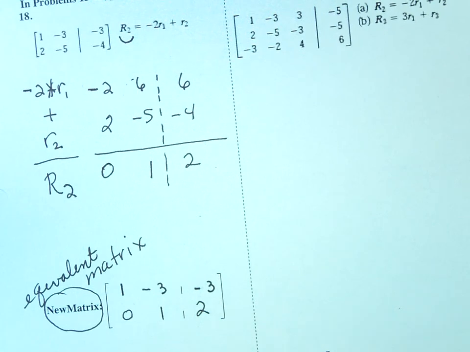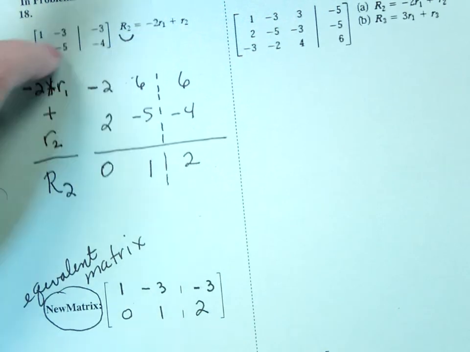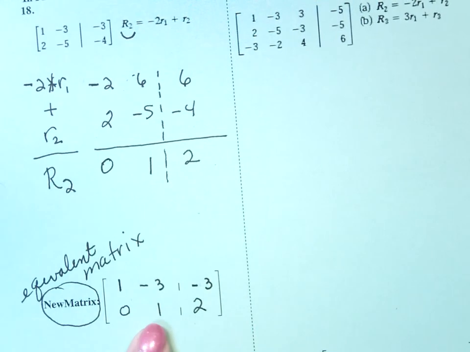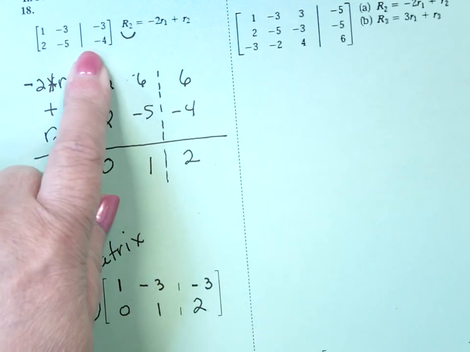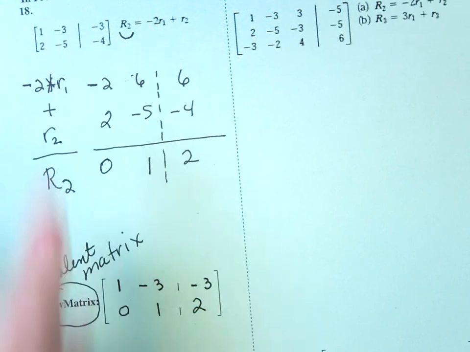So if I were to solve this matrix and this matrix for variables like x and y, the solution for x and y for this matrix would be the same as the solution for this matrix. They're not equal, but they are equivalent.